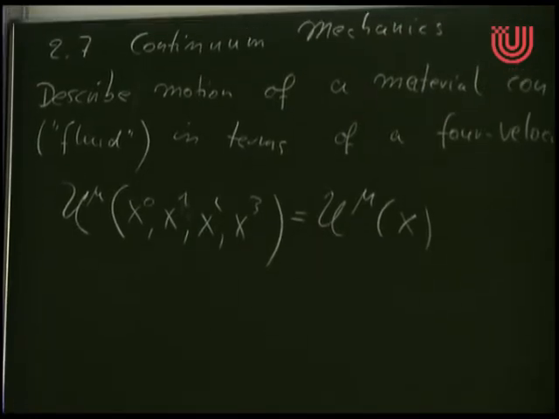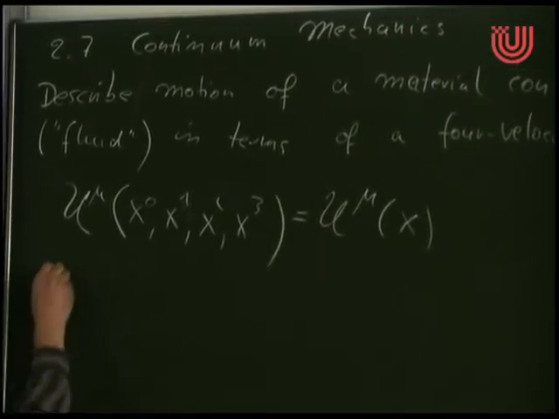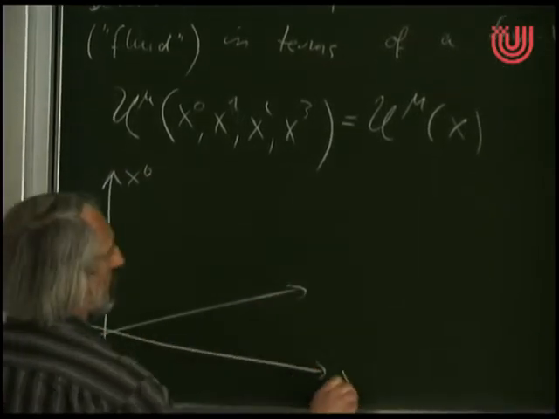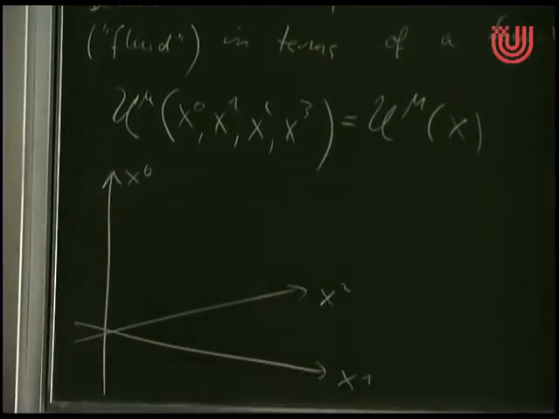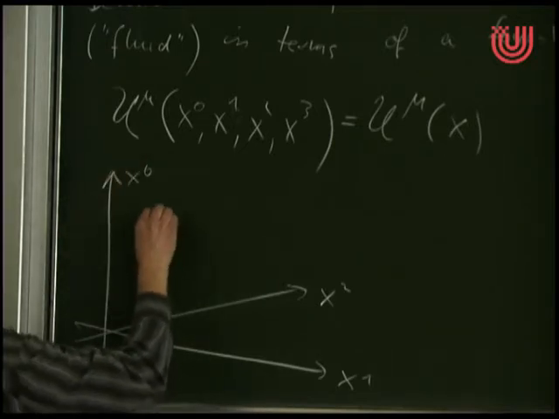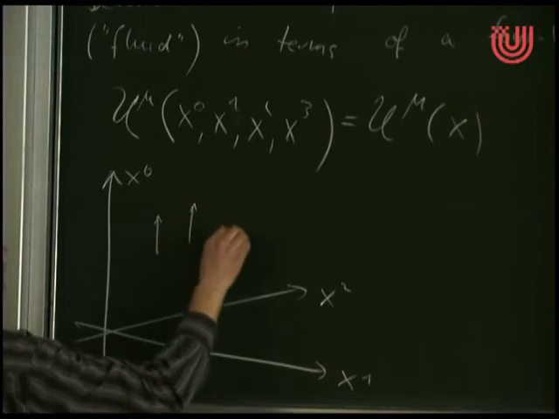So if I draw a picture, x0, x1, x2, as usual, one of the spatial coordinates must be imagined. It cannot be shown in the picture. Then I have such a four-vector at every point.